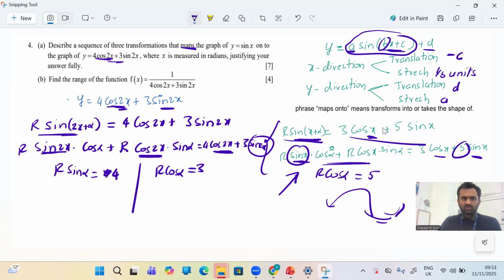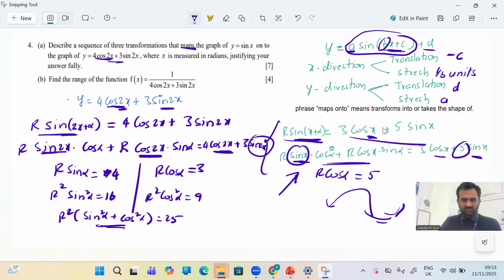Now you know the method. You square them. R square sine square alpha is equal to 16. R square cos square alpha is equal to 9. And you add them, you get R square of sine square alpha plus cos square alpha is equal to 25.